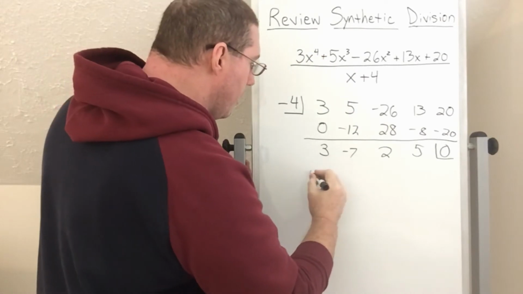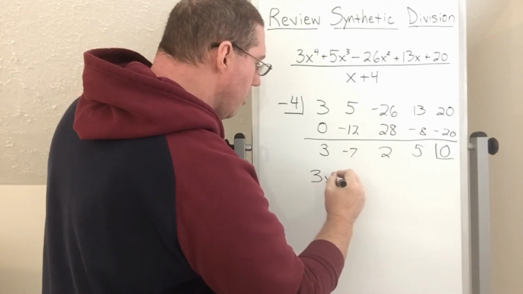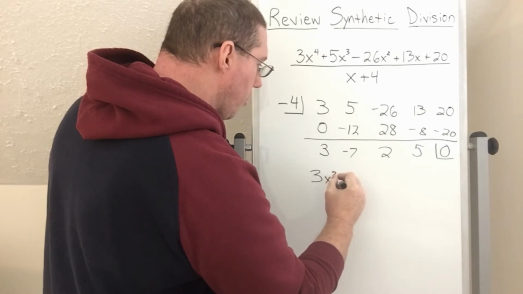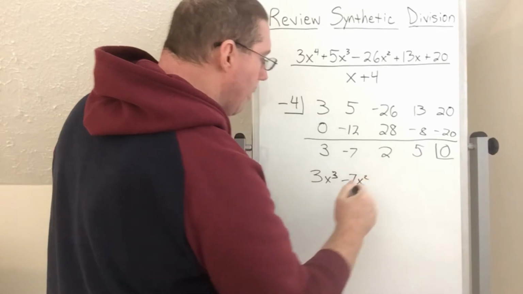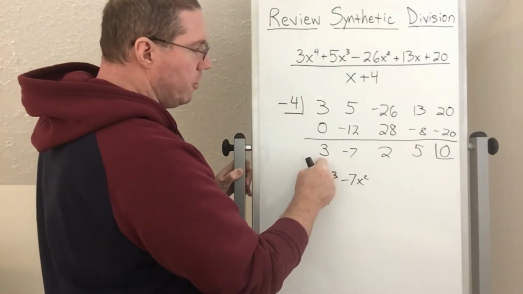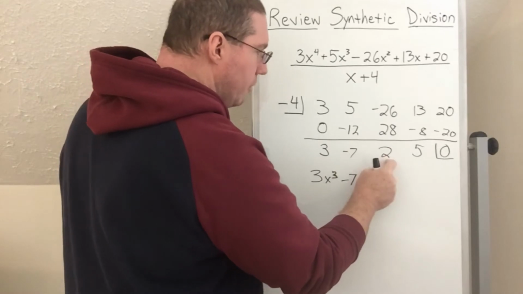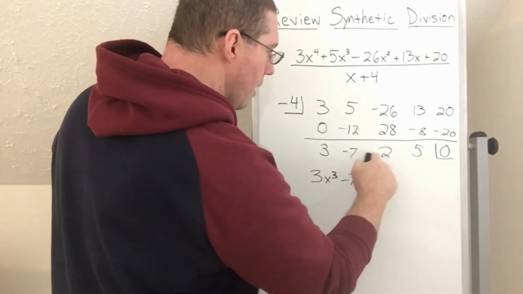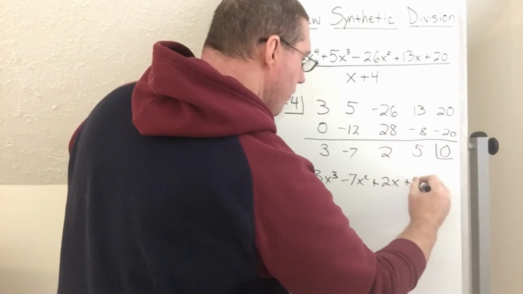So this is now going to become 3x to the third power minus 7x to the second power. So if this is the third power coefficient, this is automatically the second power coefficient, first power coefficient, and then the constant, okay? Now plus 2x and then plus 5.